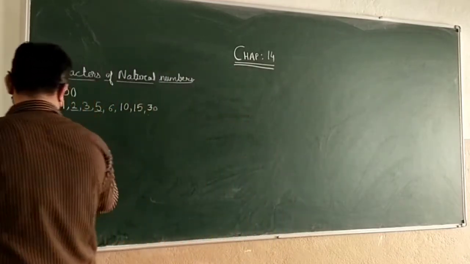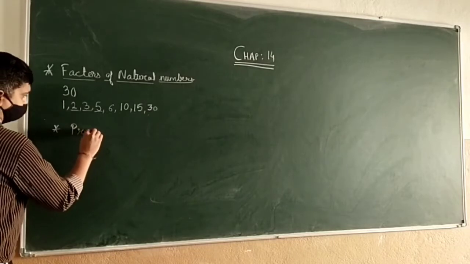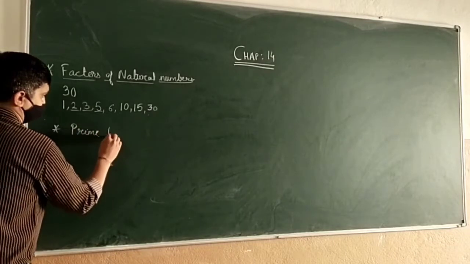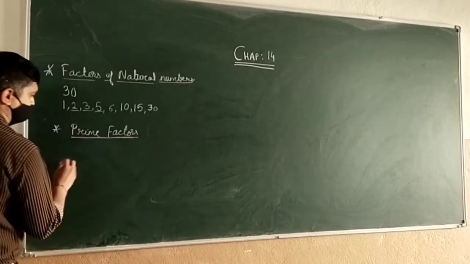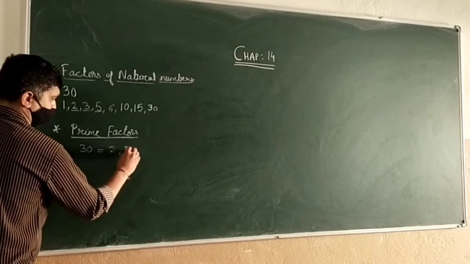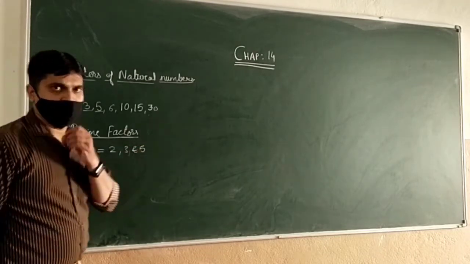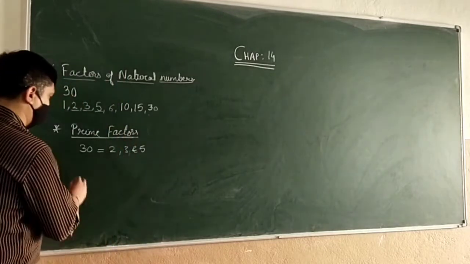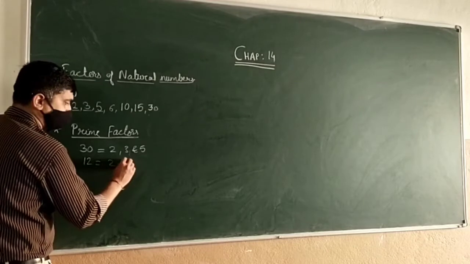The next topic is prime factors. So what are the prime factors of 30? 2, 3 and 5 are the prime factors of 30. What are the prime factors of 12? 2, right? 3.